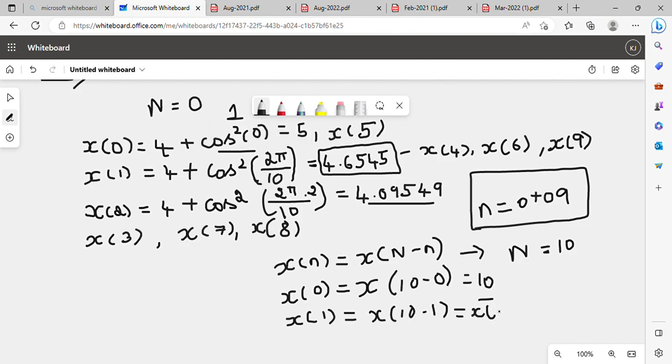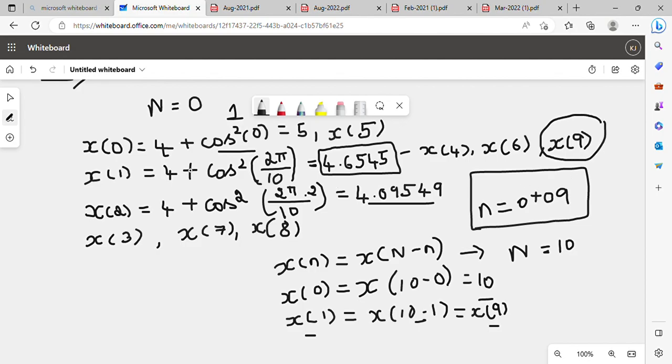Okay, x of 9, right? So what was my x of 1? My x of 1 is equal to 4.6545, and I have taken my x of 1 as x of 10 minus 1, which is equal to x of 9. So see, I have written x of 9. My x of 9 is the same?